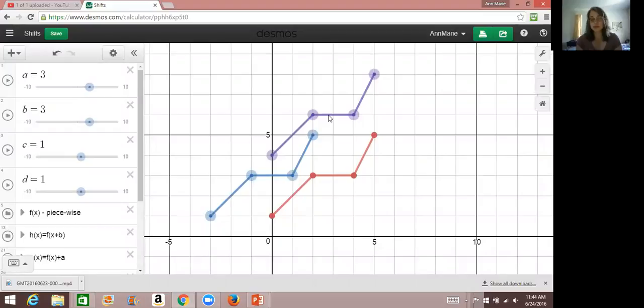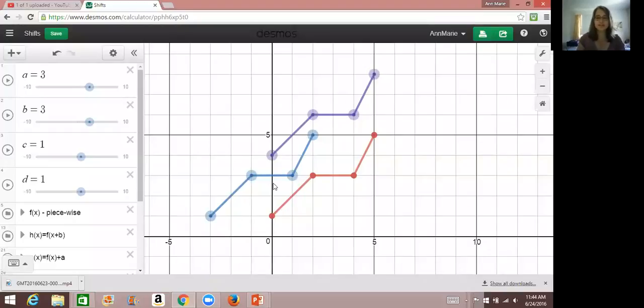In other words, I've put my fabric into my t-shirt factory, I've done all my stuff, I've made my t-shirt, and then I've sent it to an embroiderer. That's what this purple graph represents.